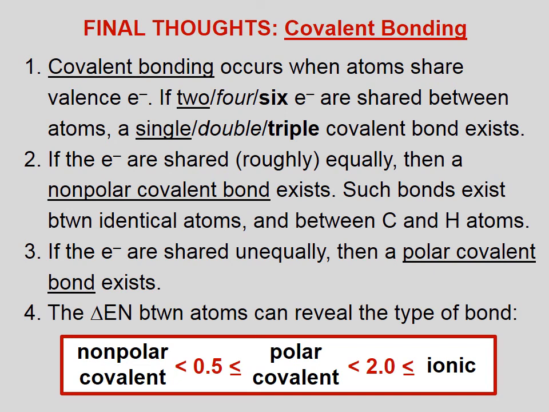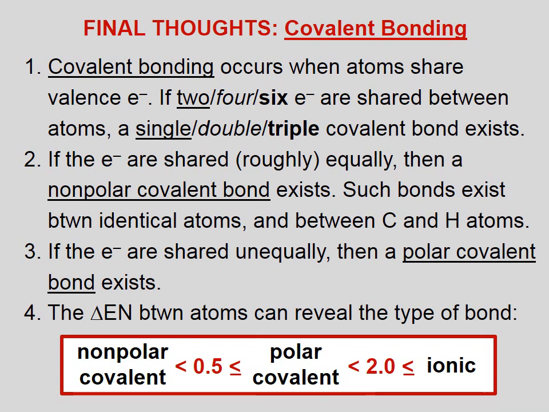Final thoughts on covalent bonding. 1. Covalent bonding occurs when atoms share valence electrons. If 2 or 4 or 6 electrons are shared between atoms, a single, double, or triple covalent bond exists. 2. If the electrons are shared roughly equally, then a nonpolar covalent bond exists.